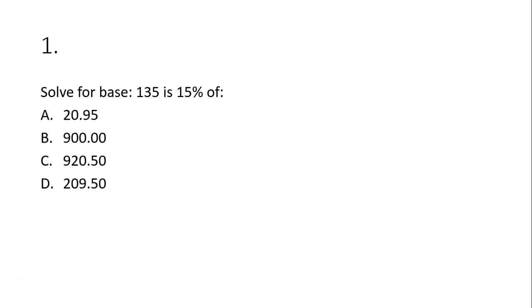The first question says, solve for base: 135 is 15% of what? Now to solve this question, what remains is 15% of what value, let's say y, will give you 135. That's the meaning.